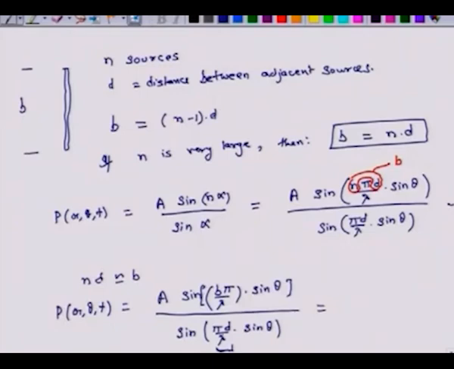So, again when n is very large, then this term is very small, and if that is the case, then sin of this extremely small term is essentially same as the small term itself. So, I can further simplify this relation as sin b pi over lambda times sin theta divided by pi d over lambda times sin theta.